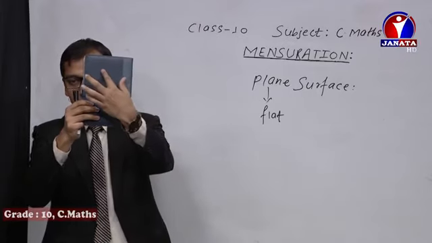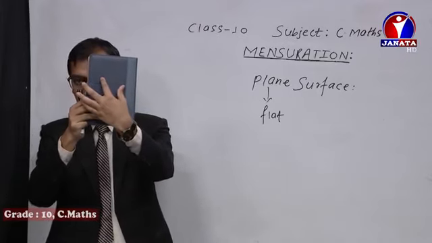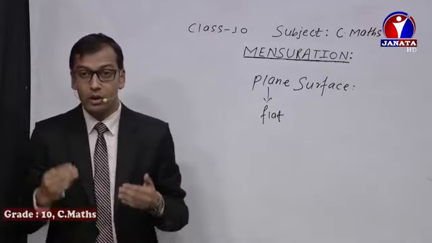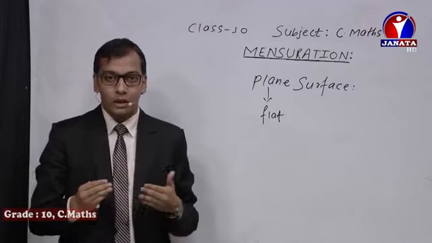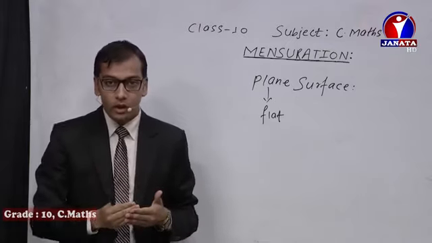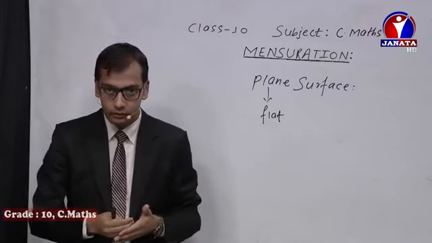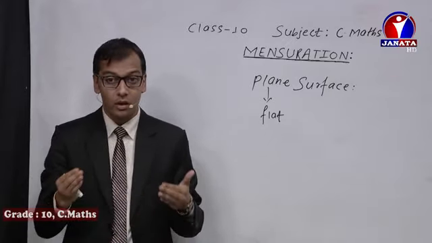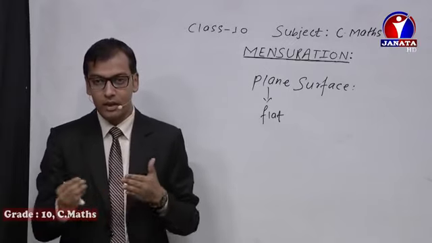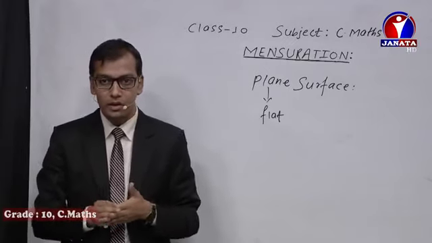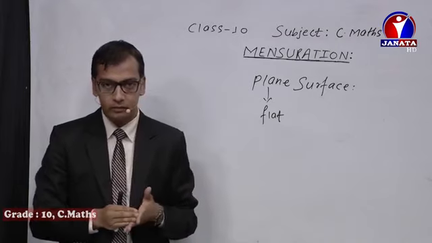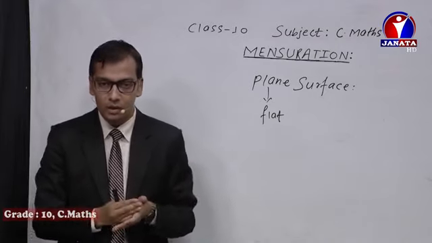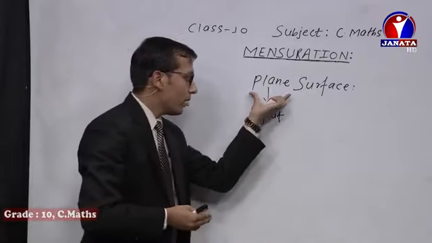So this is an object containing a plane surface. You can also say some other examples, like your study table. If we see the surface of the study table, its surface is flat, means it is an object containing a plane surface, and it has two dimensions, length and breadth. So these are examples of plane surfaces. We can take many examples of plane surface.